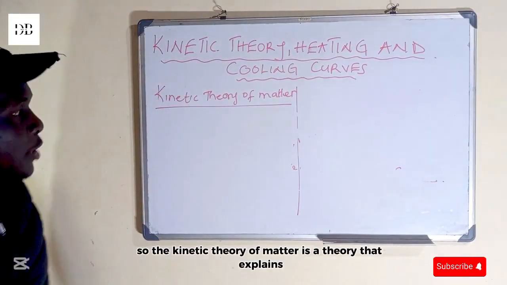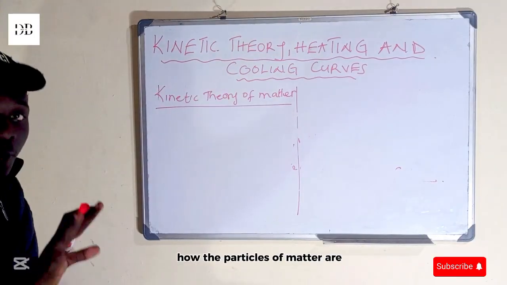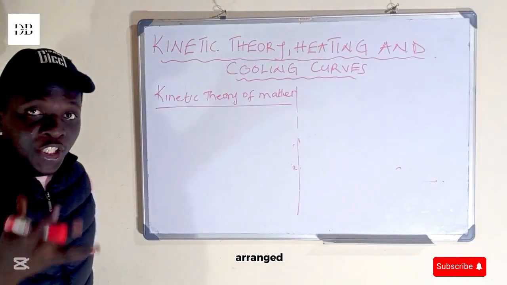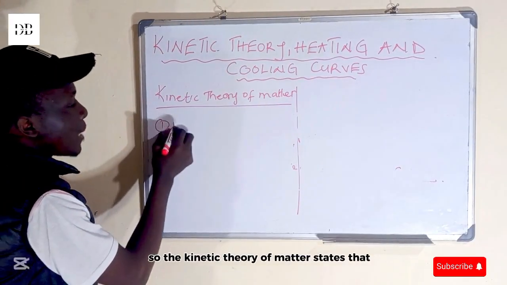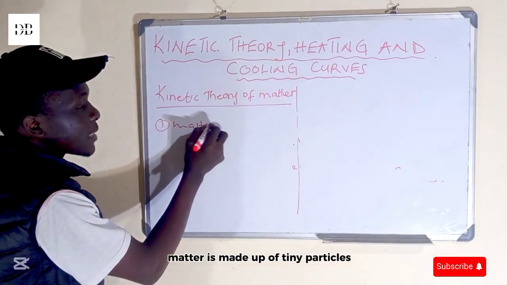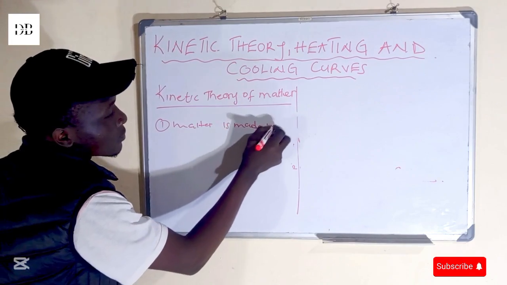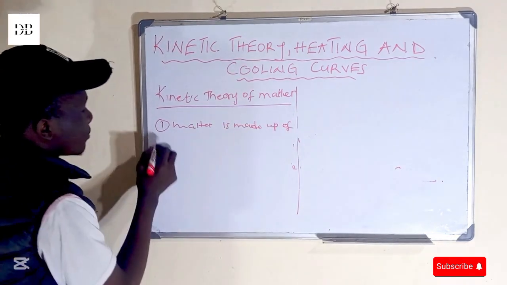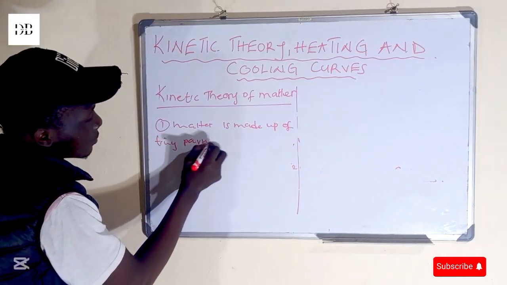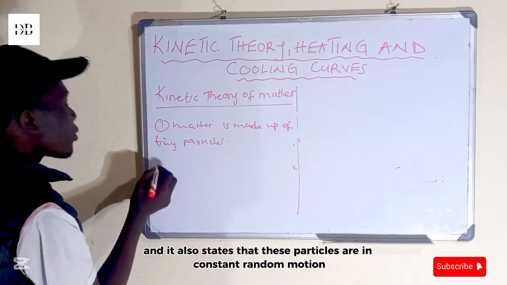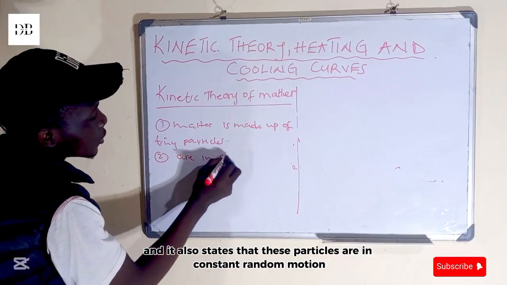The kinetic theory of matter is a theory that explains how the particles of matter are arranged. It states that matter is made up of tiny particles, and it also states that these particles are in constant random motion.